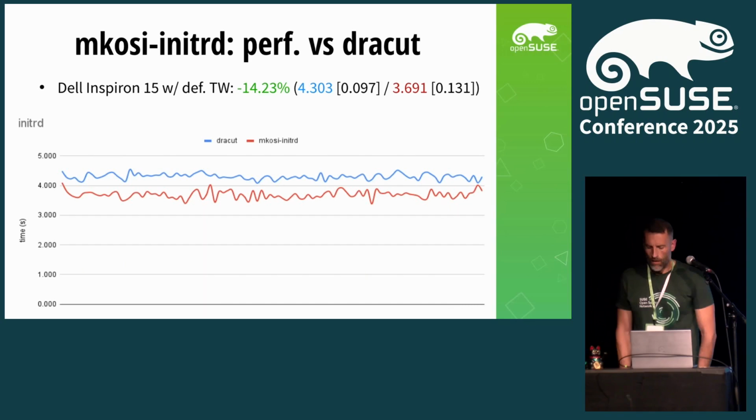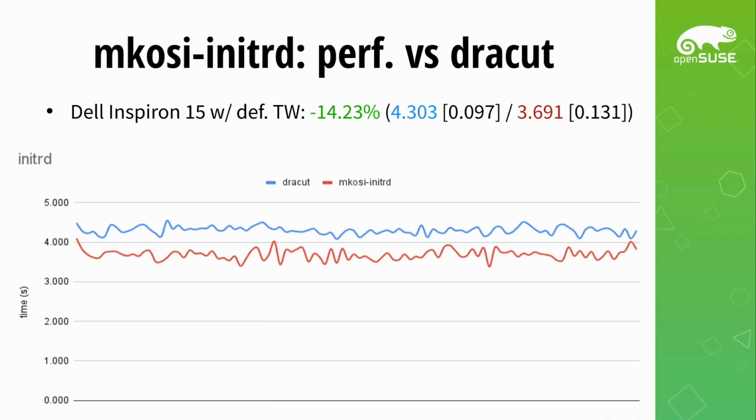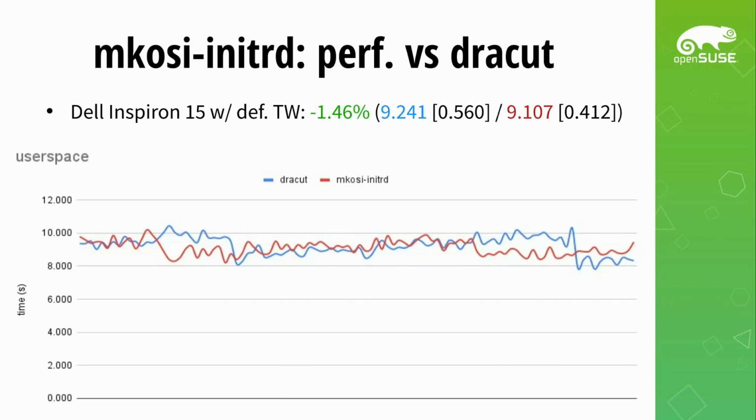And okay, maybe it's not too much because the complete boot time takes 20 seconds on my laptop. And the reason for the improvement is that we are avoiding 1016 services from the unit file hierarchy that dracut always has. And the measure for user space is very similar, nothing to say here.